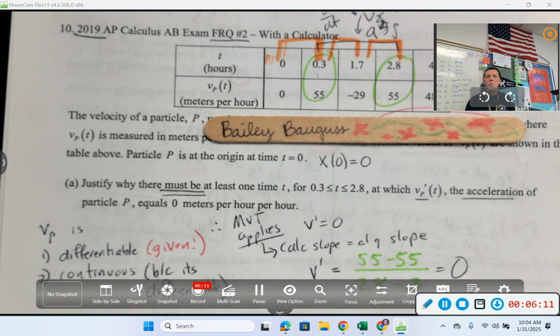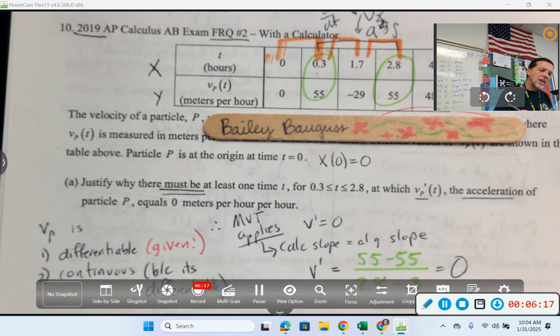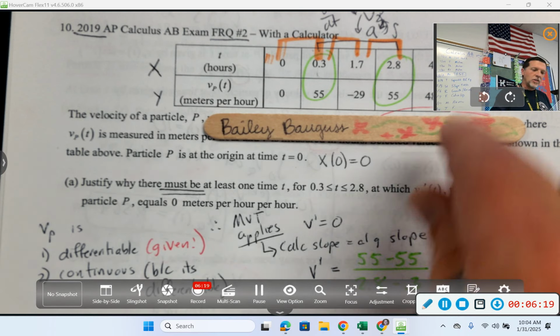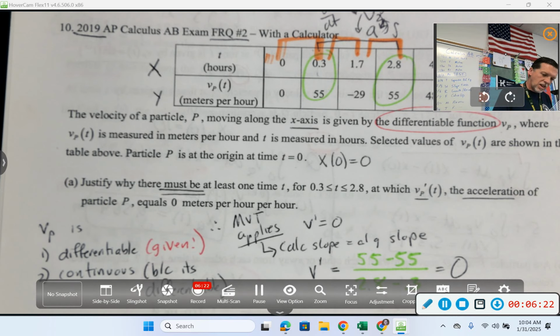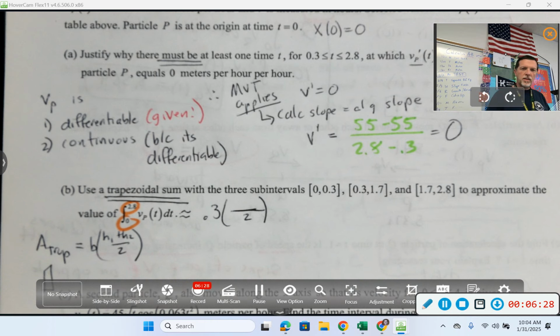I guess 55. This is sort of like the x, and this is sort of the y. Oh, so that's 0.3. Good. So the width is 0.3.